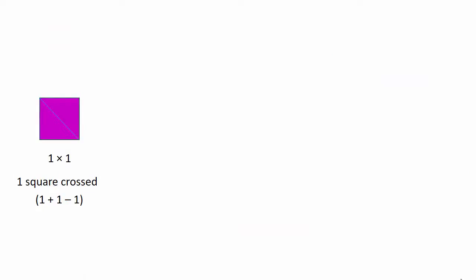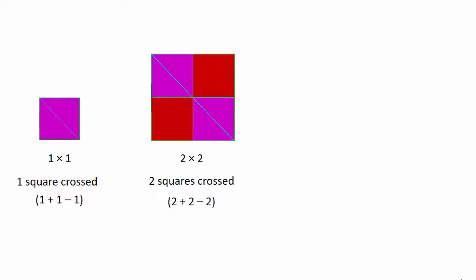Let's look at another situation. Here's our 1 by 1 again, our favourite. What if we increase that to a 2 by 2? In other words, the number of rows again is the same as the number of columns. You can see that it passes through two squares because it passes through the center here. And I can write that as 2 plus 2 minus 2, just as before I had here 1 plus 1 minus 1.